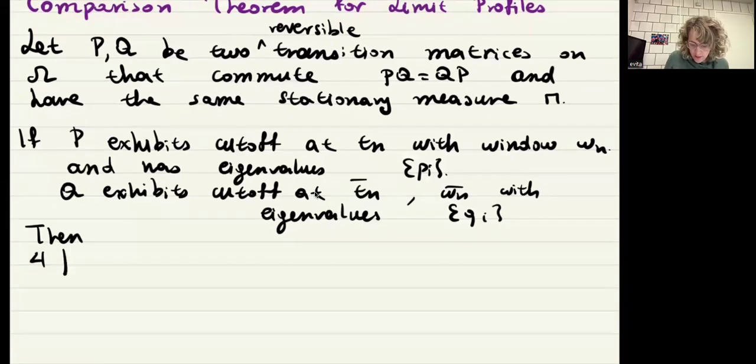So, okay, here I assume that the limit profiles exist, but that's because I do not want to have to write lim sups, lim infs, or whatever. So let's say the two limit profiles exist.